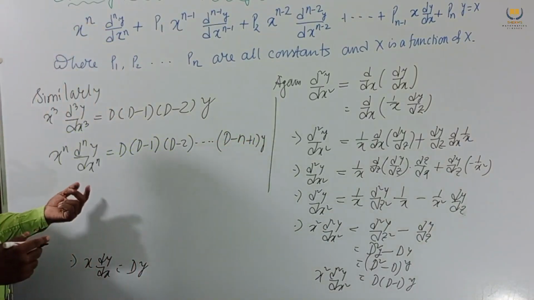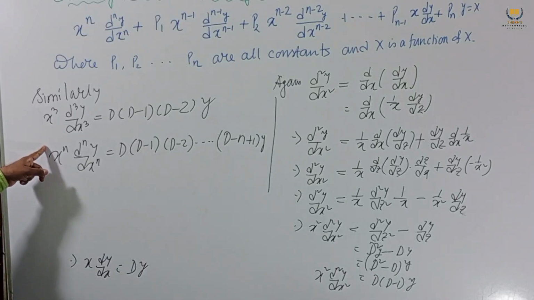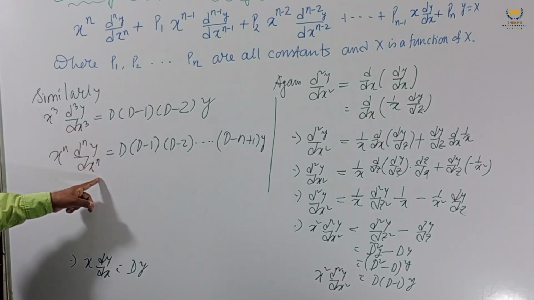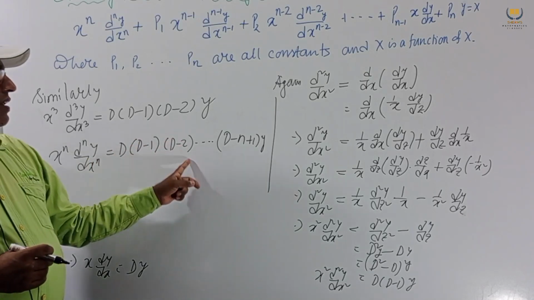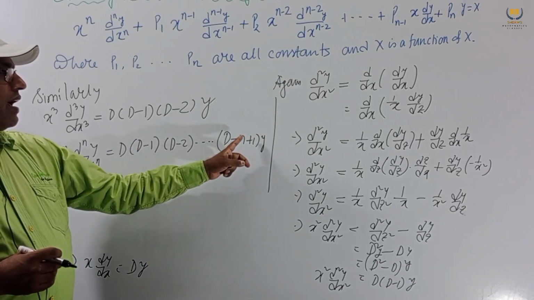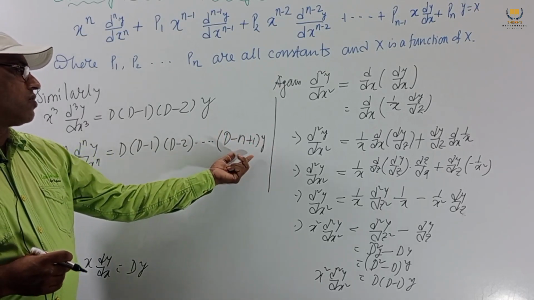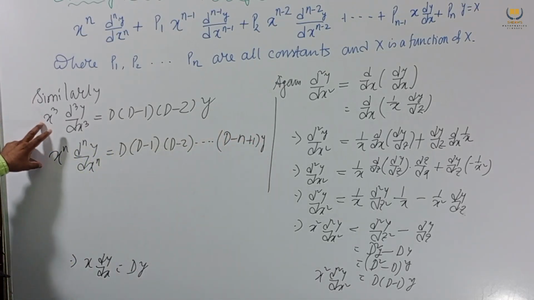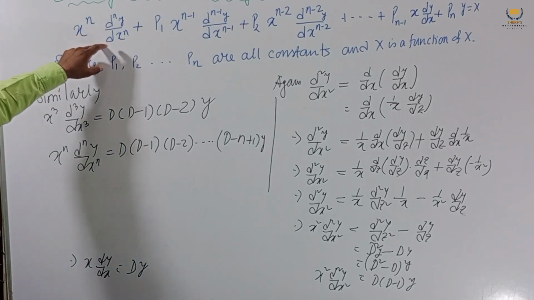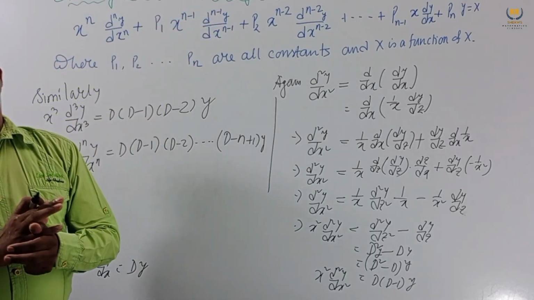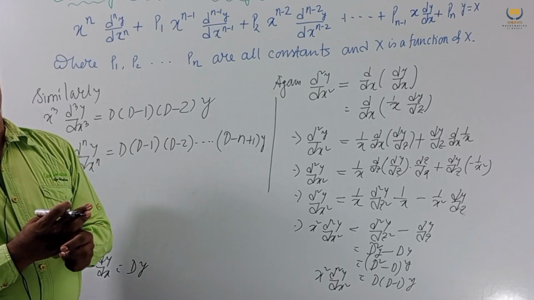This is the general term. We put all these values here and substitute, and we get an equation.